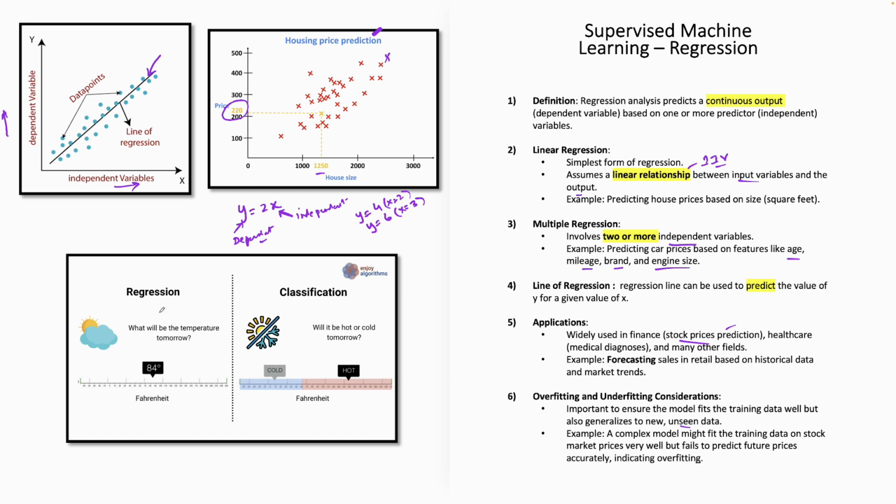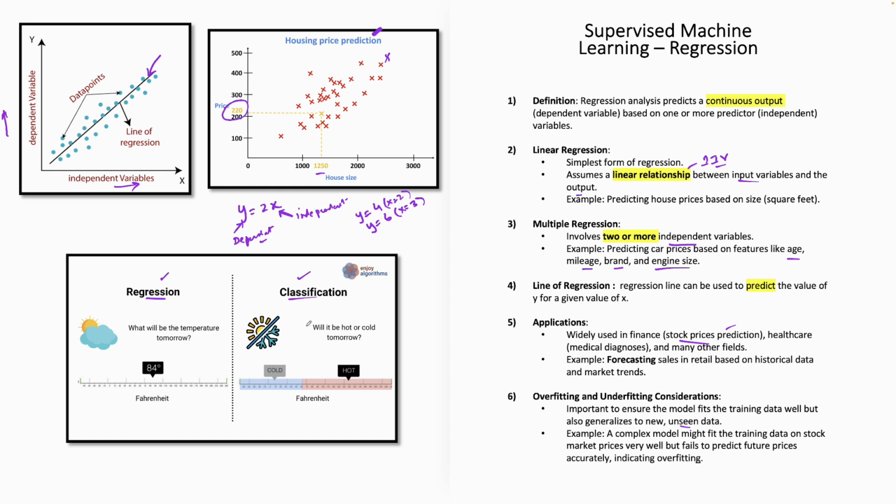And here I've given a quick example of the difference between regression and classification, just in case you are getting confused. Will it be hot or will it be cold tomorrow? You are categorizing whether it will be hot or cold, based on the data you are getting. This is classification.